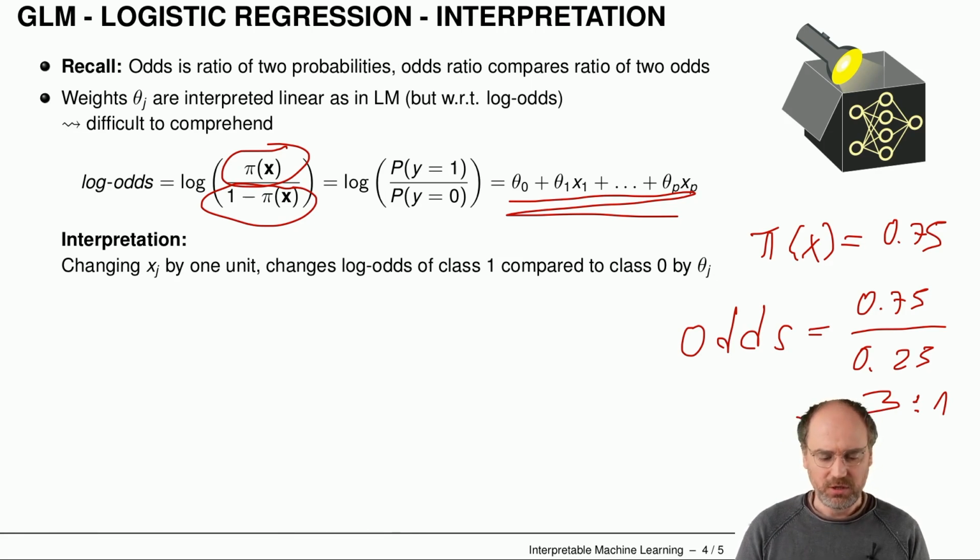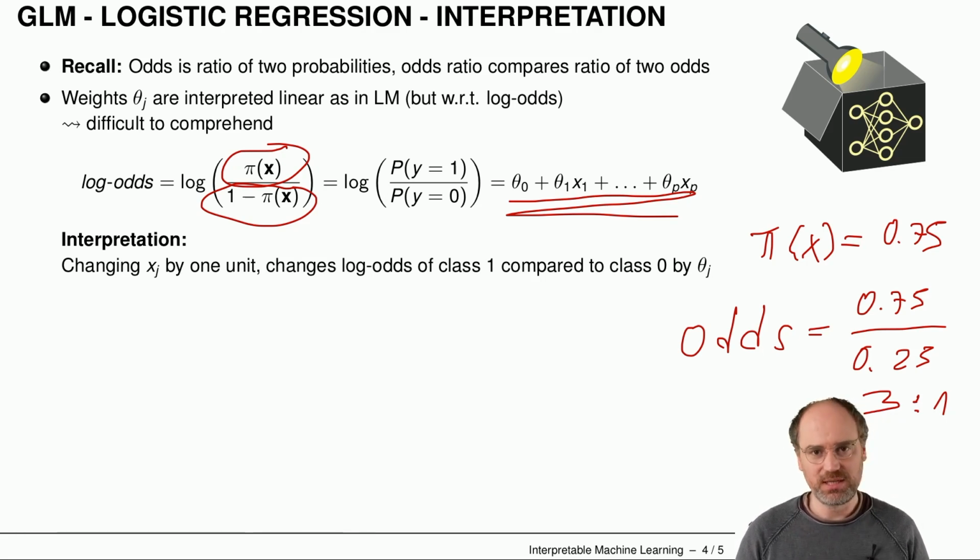So in terms of interpretation, we can reuse what we have learned about the linear model. Changing our feature xj by 1 unit changes our log odds, comparing the probability of class 1 to the probability of class 0, by theta j points, by coefficient j points.